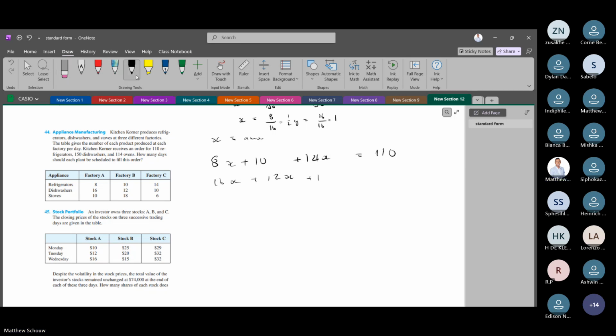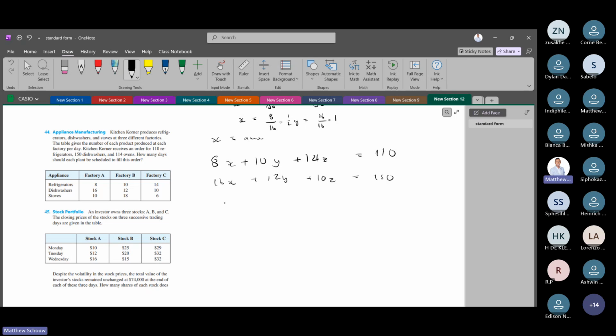Y. And then z. That's another variable. So remember, we're multiplying each one by that. By the way, this is not part of the scope. I'm just showing you. Another equation: y, and then you have 10z equals how many dishwashers? 150.